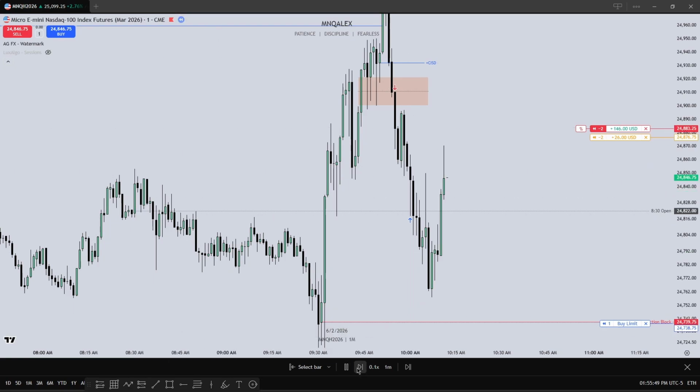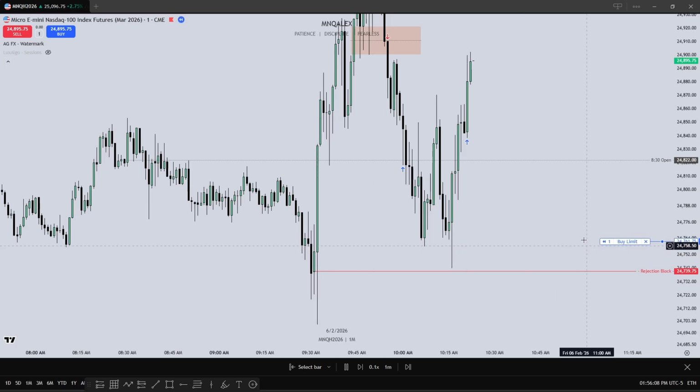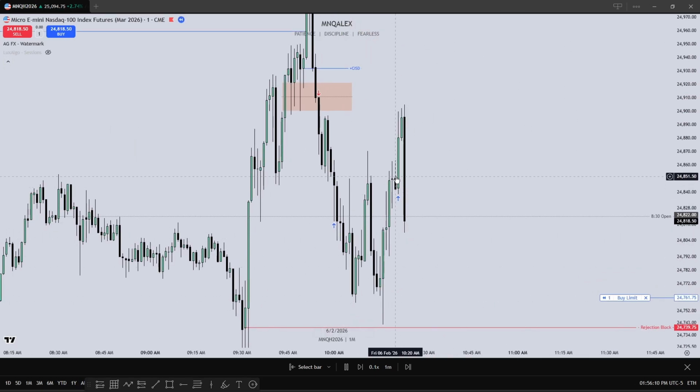Then you can see we just trade up. I think my second partial indeed was the rejection block. I had 2 partials. I can show the screenshot. I'll show you the screenshot after. And then my last contract got stopped in profit.